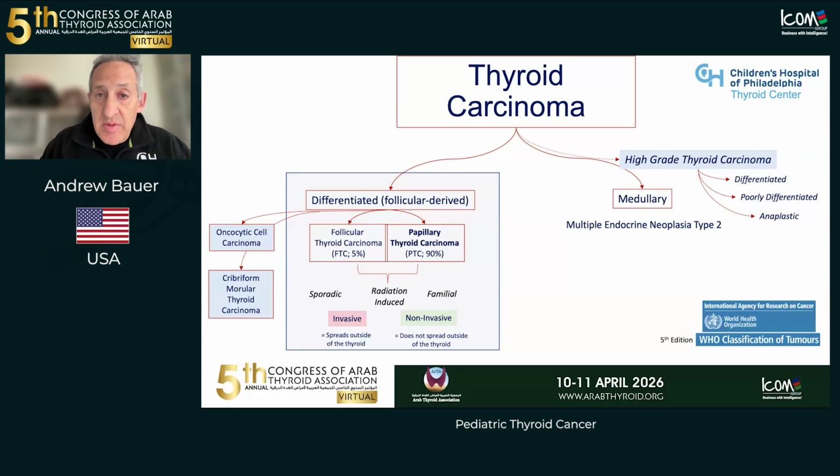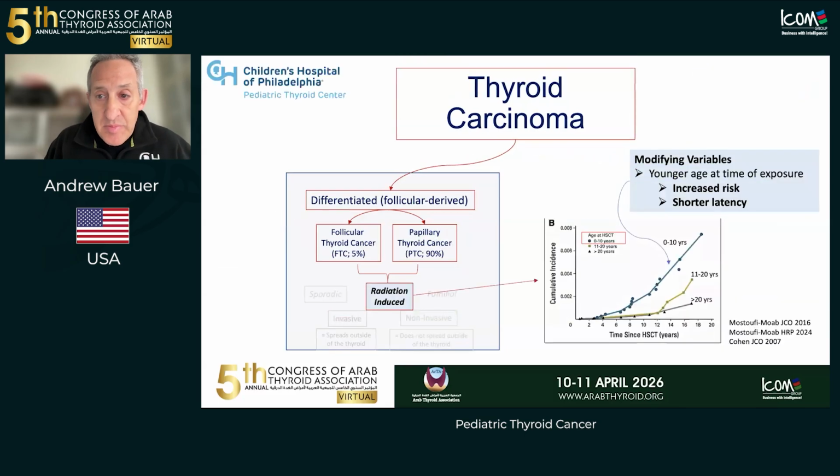So oncocytic cell carcinoma, which was previously called Hürthle cell carcinoma, is associated with alterations in mitochondrial DNA. So it's a completely different molecular pathway than differentiated thyroid carcinoma. And the same with cribriform morular thyroid carcinoma, which is a Wnt pathway rather than a MAP kinase PI3K pathway derived form of thyroid carcinoma.